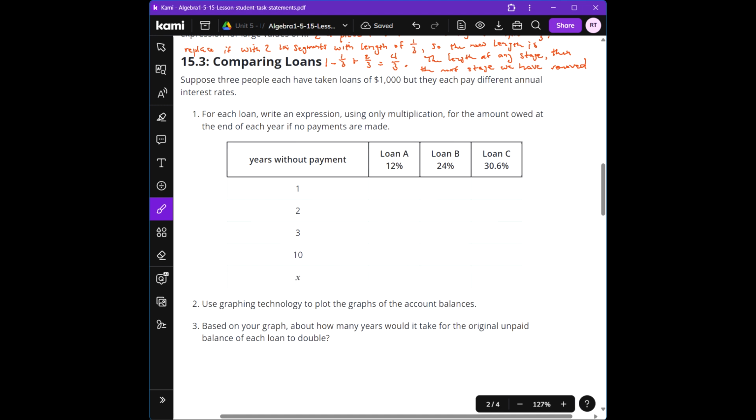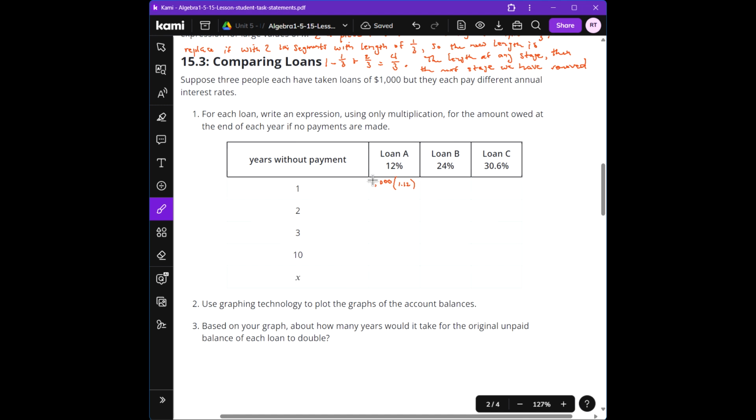So I'm going to just write this down really quick. We'll do the 1,000. And then remember, to see how much is going to be owed at the end of 1 year, we're going to multiply it by 1 point and then the interest rate right there.